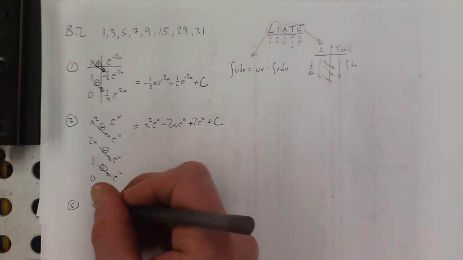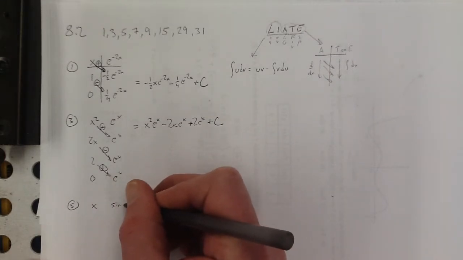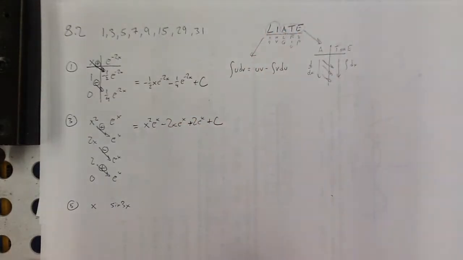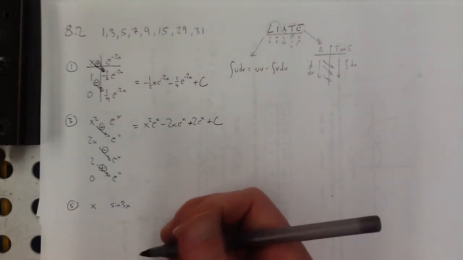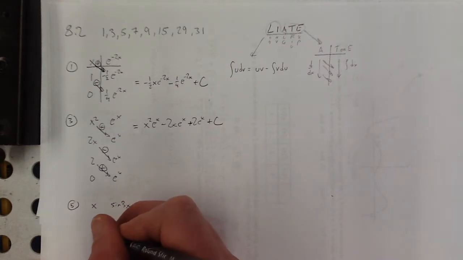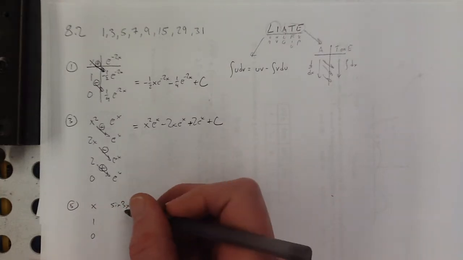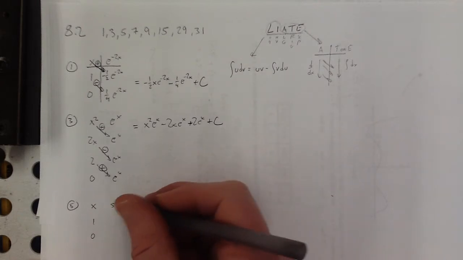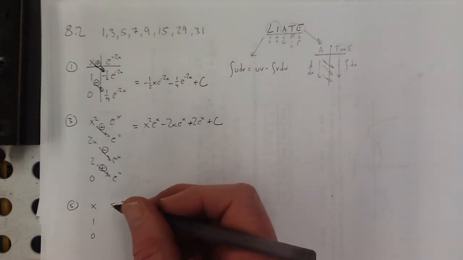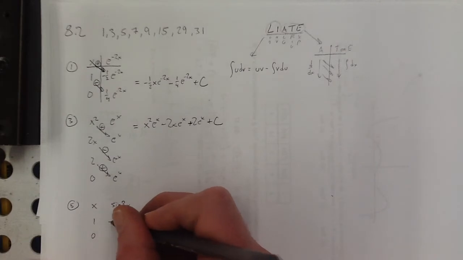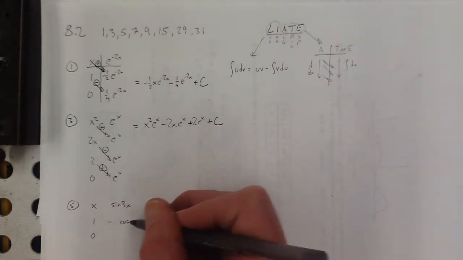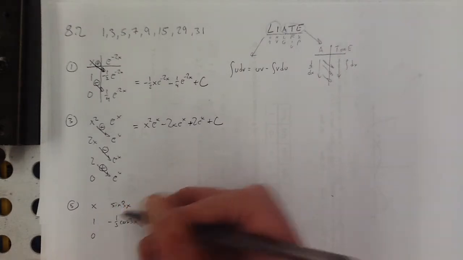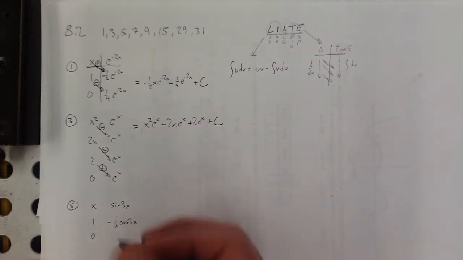All right, x and sine 3x. I'm still in the ATE type of problems here. What's the antiderivative? Be careful here. We're taking antiderivatives. What's the antiderivative of sine 3x? Antiderivative of sine is negative cosine. And then there's a 3 in there, so got to divide by that.